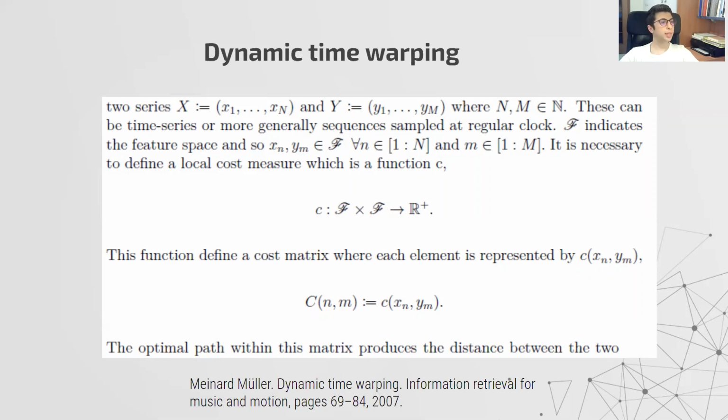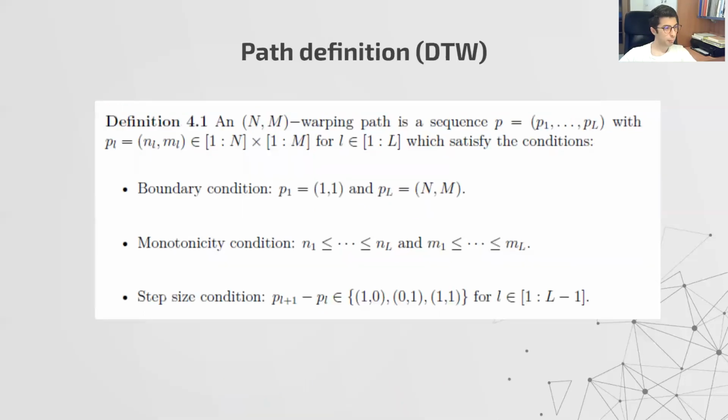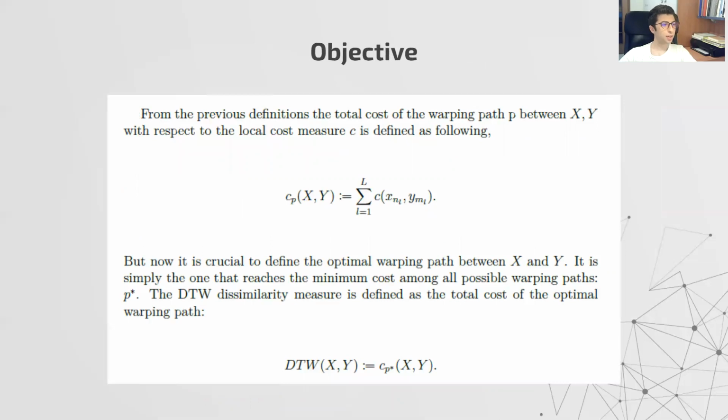In this matrix, also called the cost matrix, in each point we have to put the distance, and by distance we mean a specific cost that we can fine tune according to the different situation. In the practical case, we will also see what I chose for the case I analyzed.